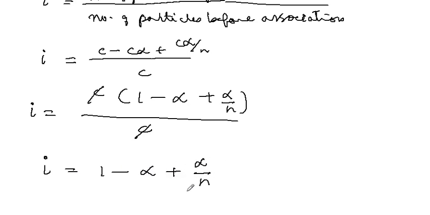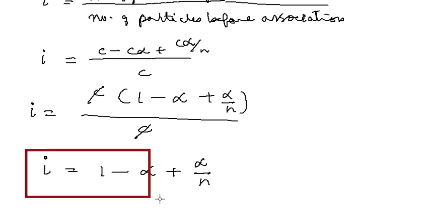By looking at this expression, we can clearly establish the relationship between the Vant Hoff factor, that means the concentration that has changed after the association, and alpha, that is representing the degree of association, and N, that is the number of particles which are associating.